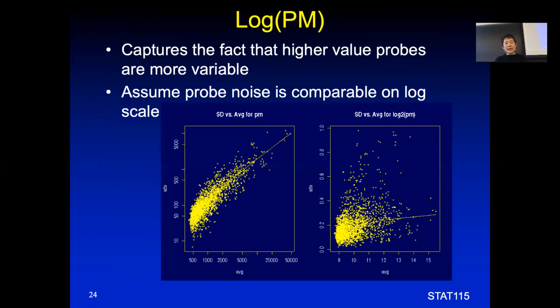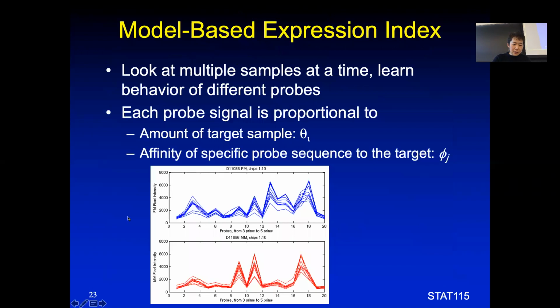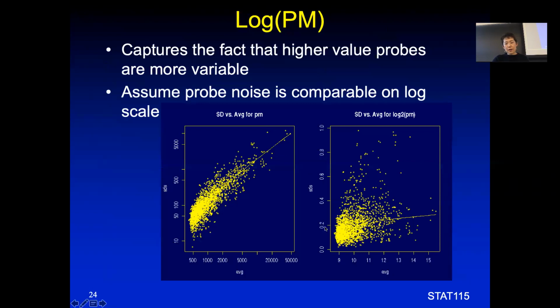Therefore, if we just average all the probe signals, the probes that have high variation will really dominate, whereas the probes at low levels almost never play any role. However, if you look at this probe, because it somehow preserved the rank, that signal is still useful. We still want to consider it, even though the value is low. So the way we do this is to take a log of the original probe signal.